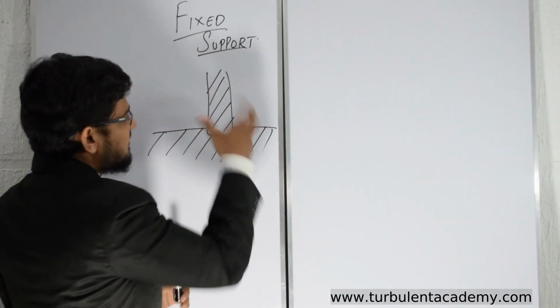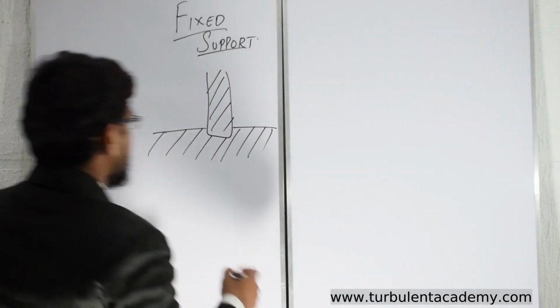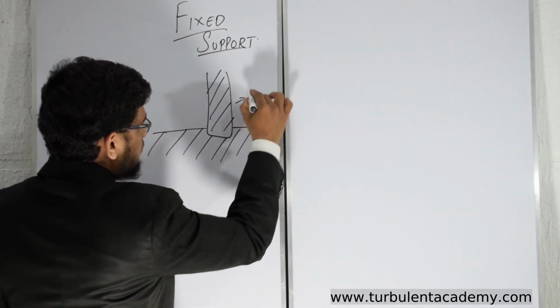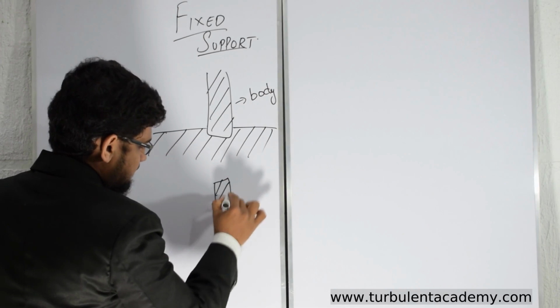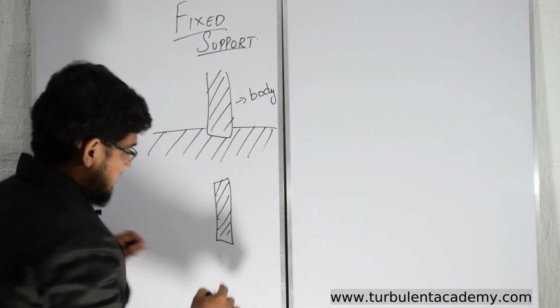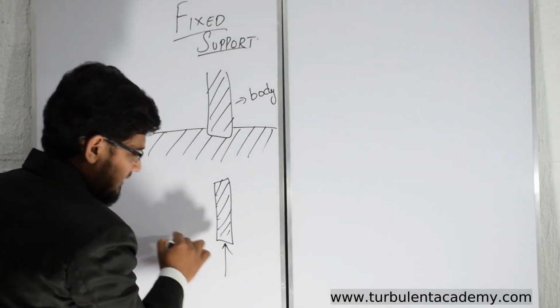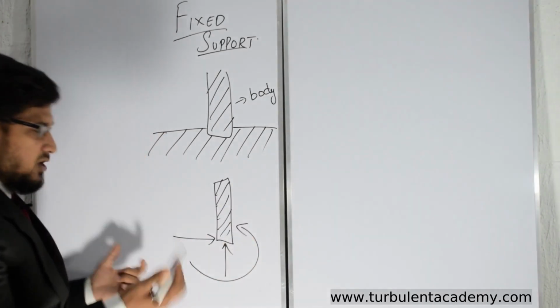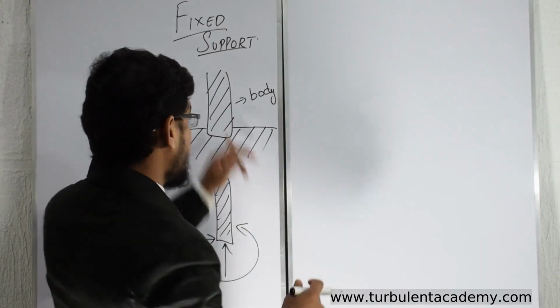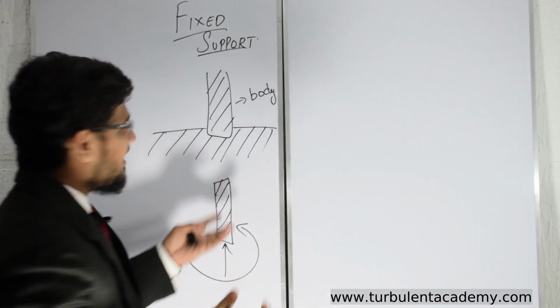So this kind of fixed support offers a reaction. Taking this body out, I have vertical, horizontal and even moment, because I can't even rotate this.